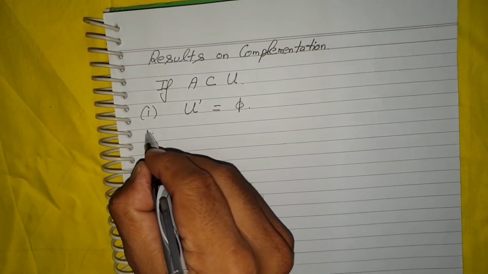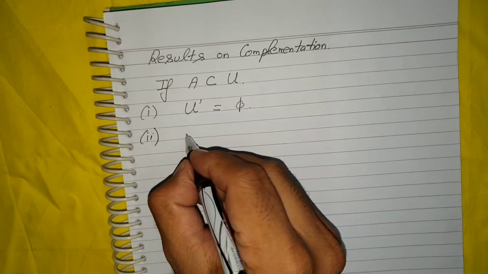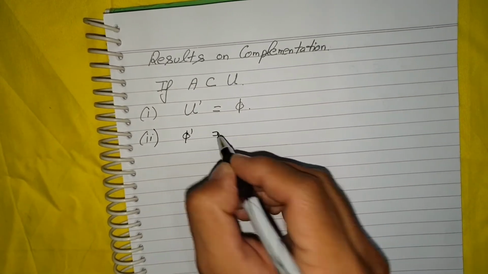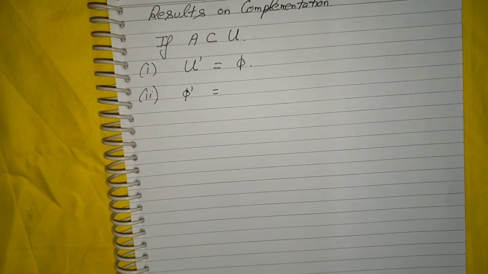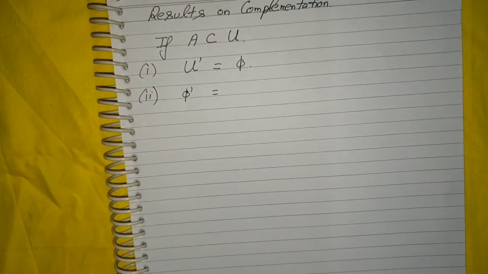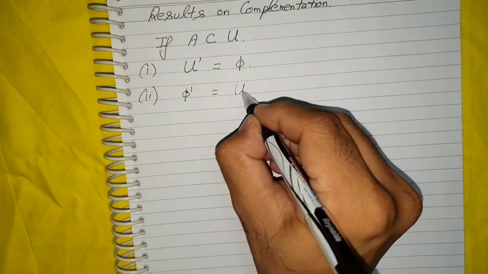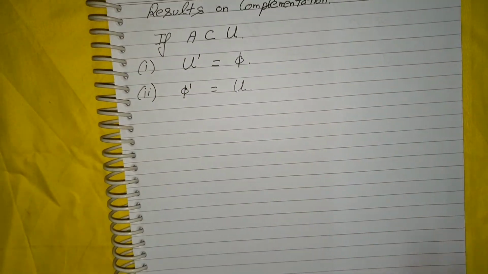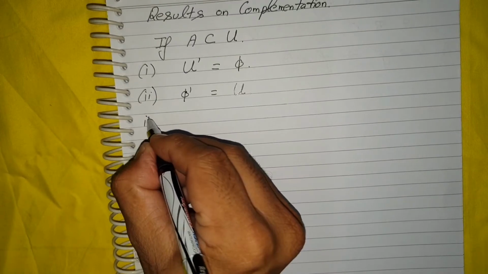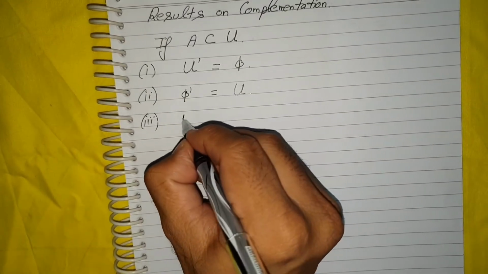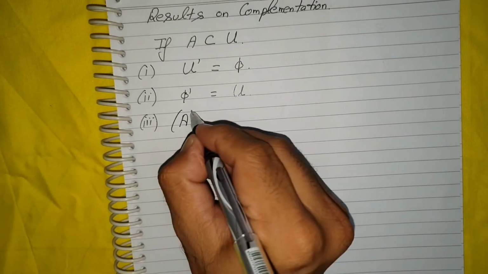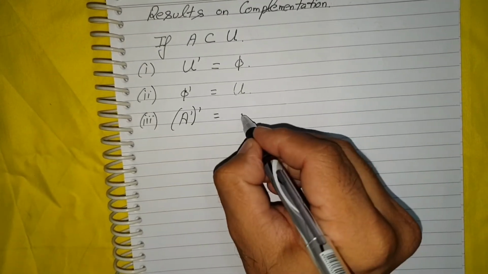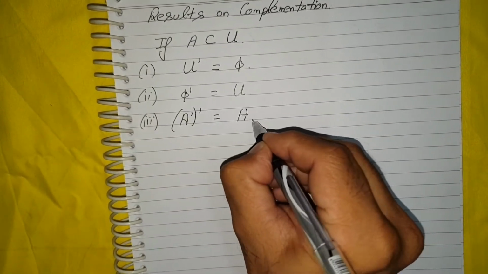Point number 2. What is phi dash? Phi complement basically, you are removing nothing. So when you are removing nothing, you will get the universal set. Third point: if A is a set, you take the complement and then again complement, that will give you A only.